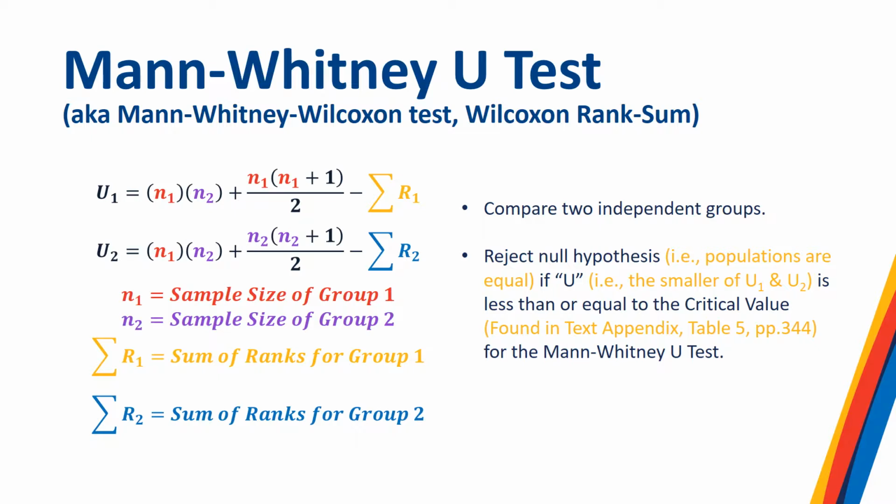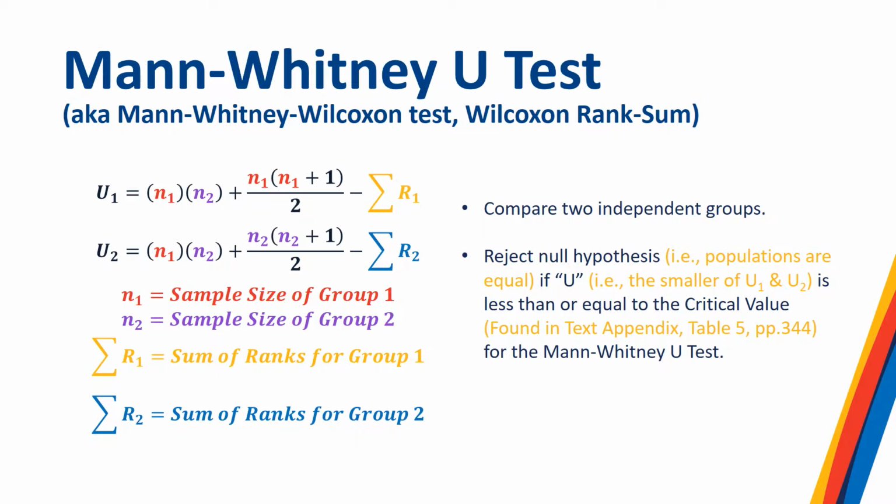You take the smaller of U1 or U2, and if it is less than or equal to the critical value, which you find in a table, on page 344 of your textbook, then you can reject the null hypothesis. So this is a really simple test.